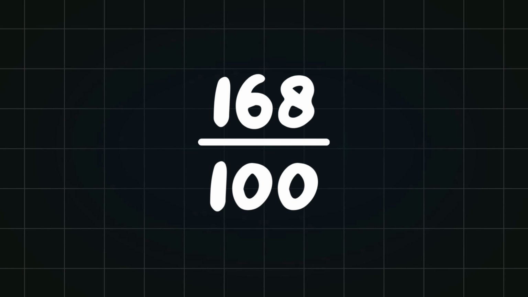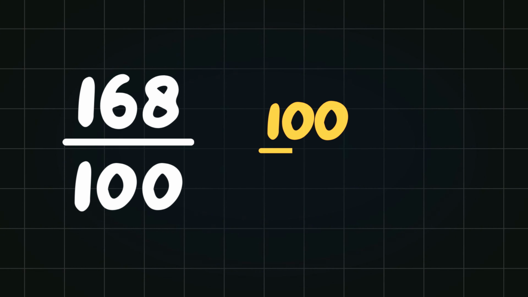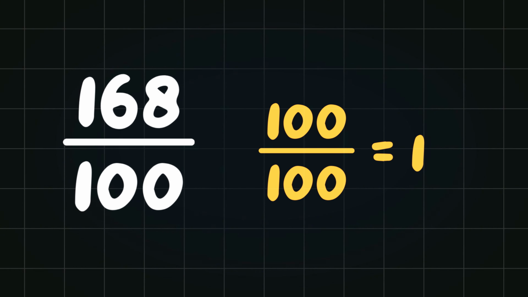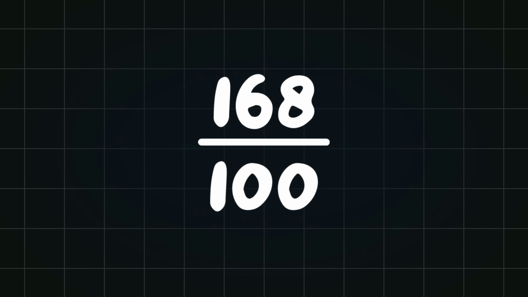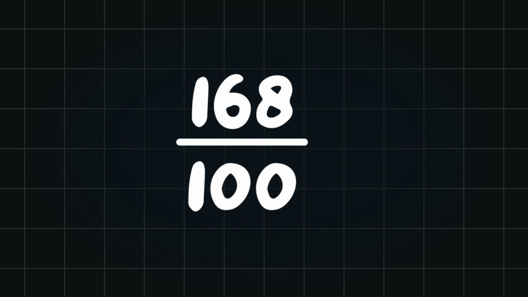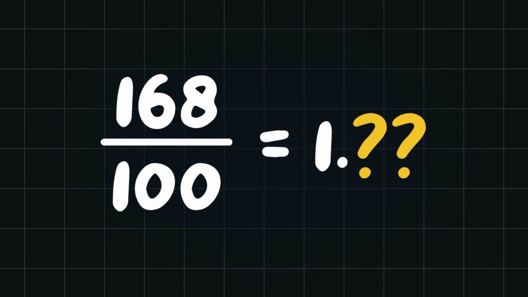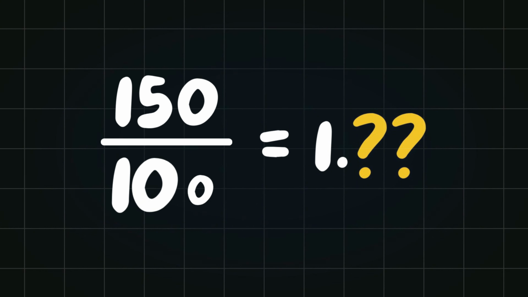But for example, an example like 168 out of 100, well, what would that be, right? Like we said, 100 out of 100 would be 1. What if we go above 100, like 168 out of 100? Well, that would be 1 point something, right? Because if we were to divide 168 by 100, actually, let me change the example. Let me change it to 150 divided by 100.